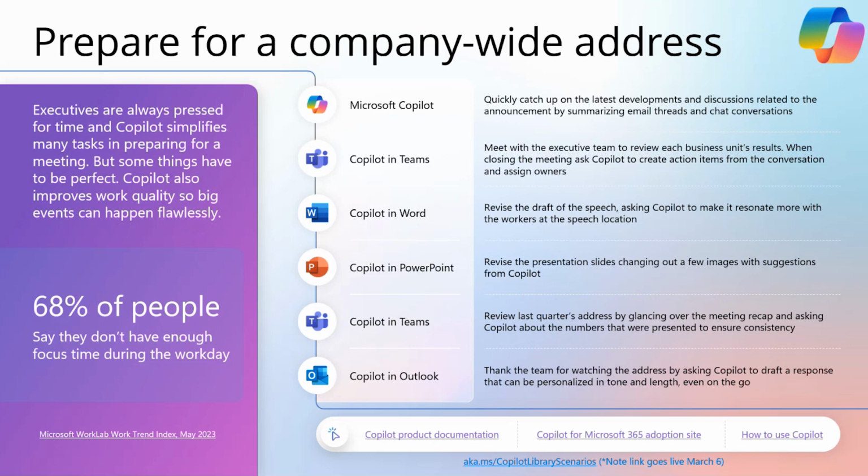In Teams you can ask it to summarize, and with this document you can modify it in Word, create presentations in PowerPoint, create meetings as well, and send invites in Outlook. So as you can see, it's really present in a lot of spheres.